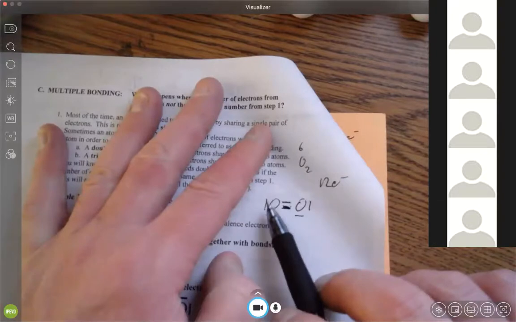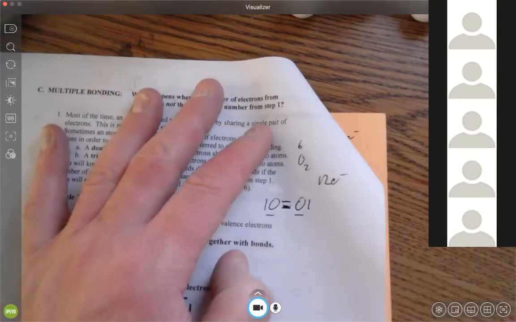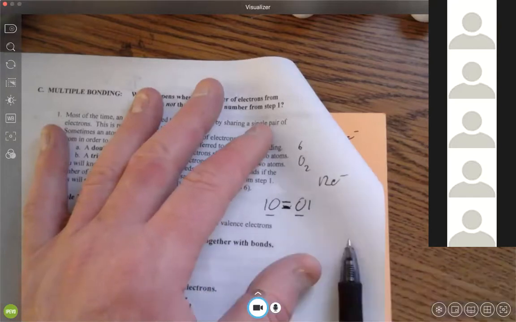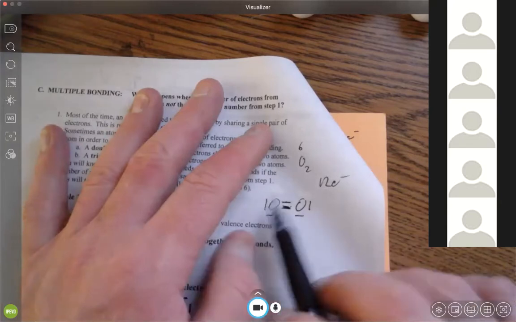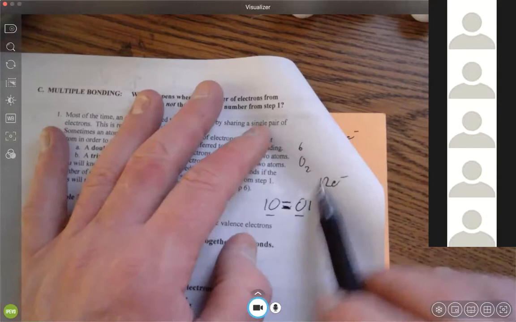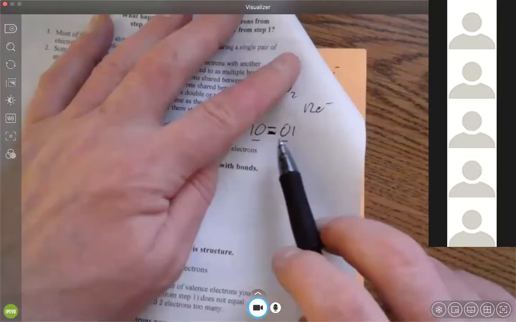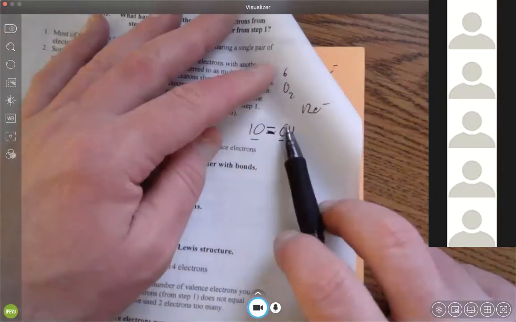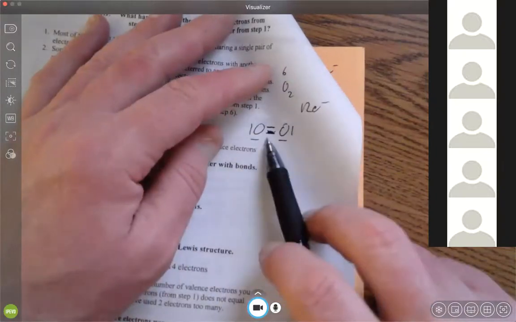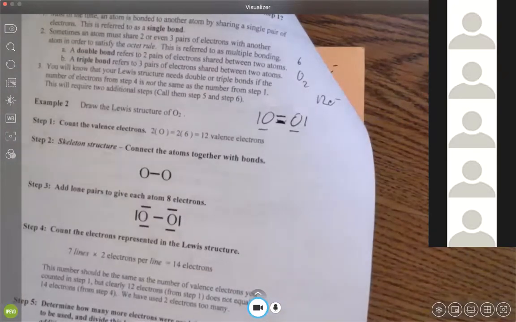But if we count these up, 2, 4, 6, 8, 10, 12. So after I take away 1 from each, I am back down by 2, because I put 1 here and I took 1 from there and there. That gives me 2, 4, 6, 8, 10, 12 electrons. So now that's good.